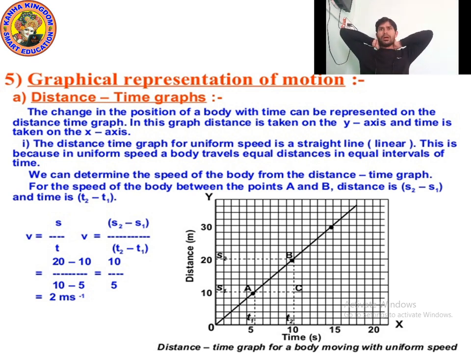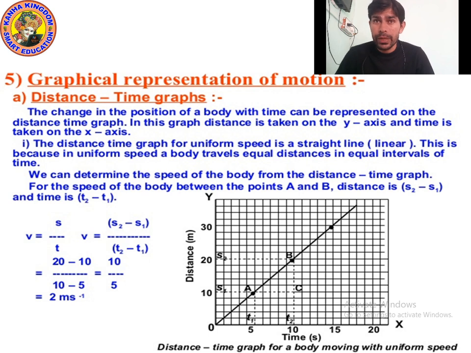If a body is moving in uniform motion, meaning it is traveling equal distance in equal intervals of time, then the graph will always be a straight line.